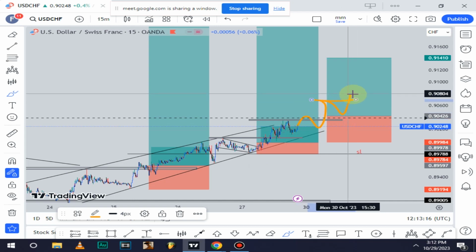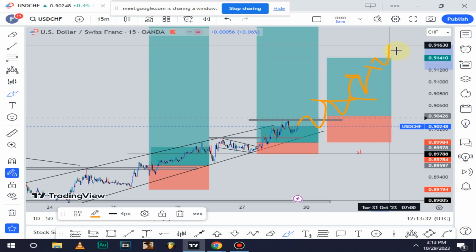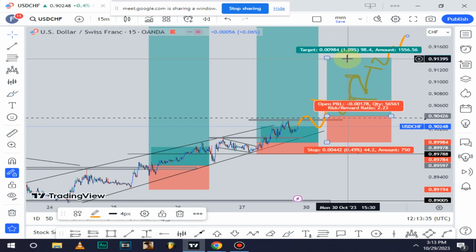Then I take another buy position around this zone, just like that. Then wait for the market to go up, create a new high, come back. Now identify this as a high. If it breaks, make another buy position. And that is how I will be doing this on USDCHF until we reach our destination.